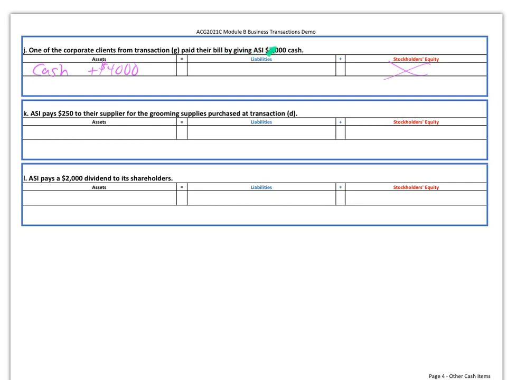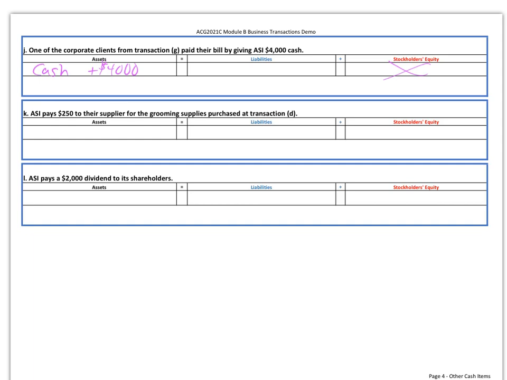When your clients pay you cash, what happens to the amount that your clients owe you? And the answer to that question is the amount that your clients owe you goes down. If somebody pays you cash, the amount they owe you ends up going down. And what is the account that records the amount that your customers owe you? Think about it for a second. I'm going to write it in a second, but think about it.